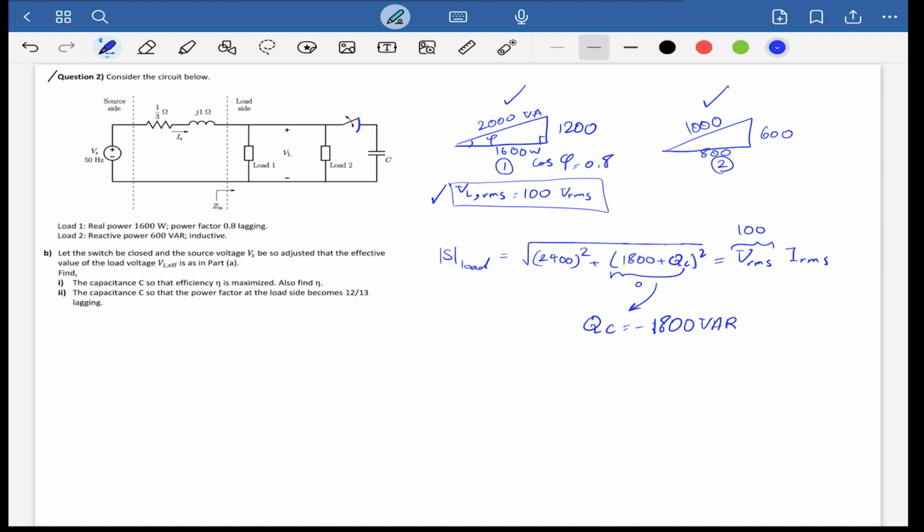In order to find this, we also know this source has 50 hertz, so omega will be equal to 2 pi f, which is 100 pi, and the impedance of the capacitor is 1 over j omega C, which will be minus j times 1 over 100 pi C. And from here we can say Q of C.